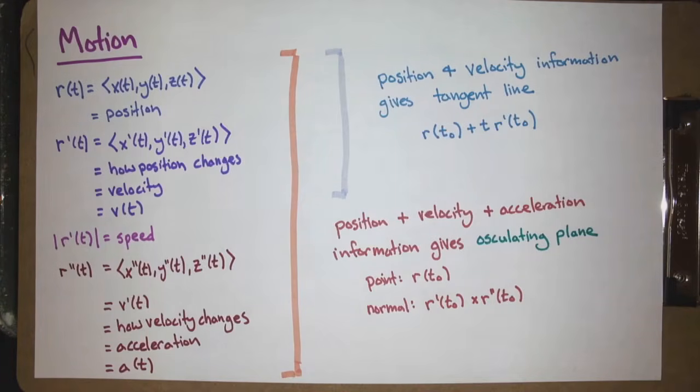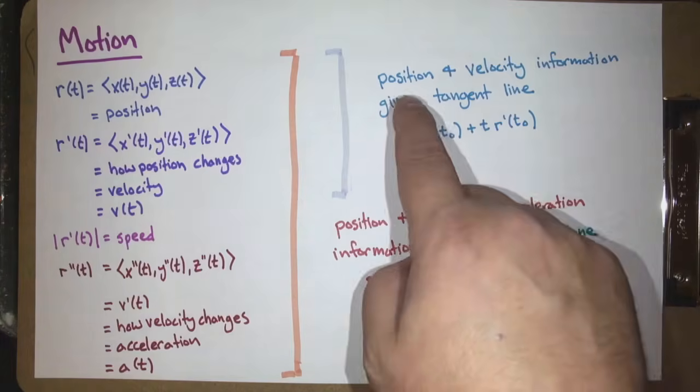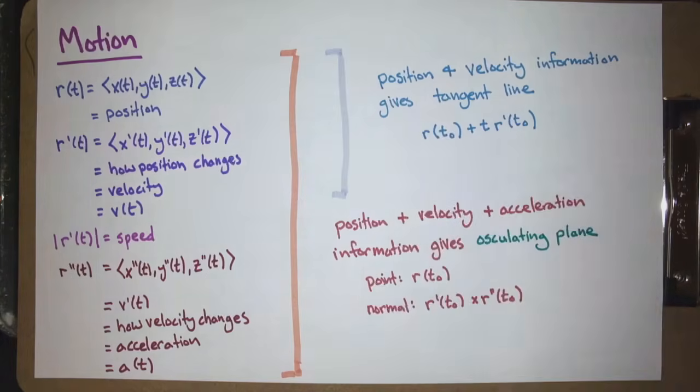We've already talked about how you can use information about position and velocity to get a tangent line. That's capturing the movement of the curve at a particular point. But you say, well, could I use more information?